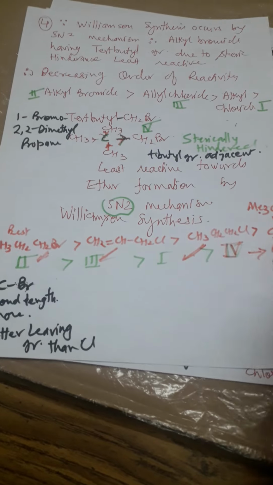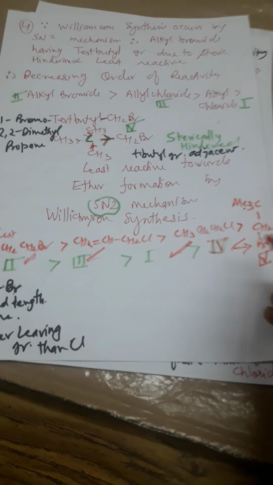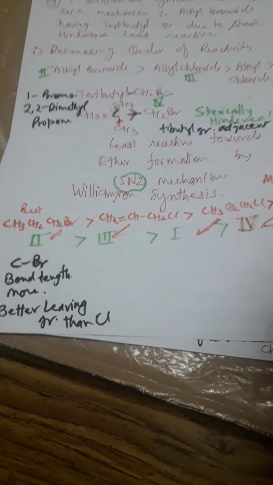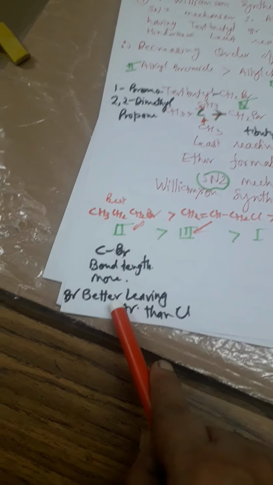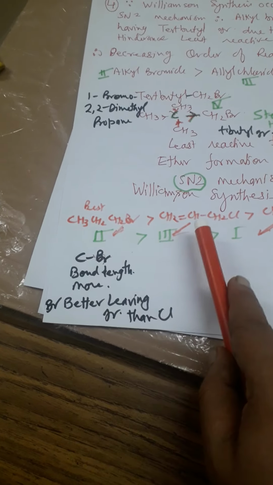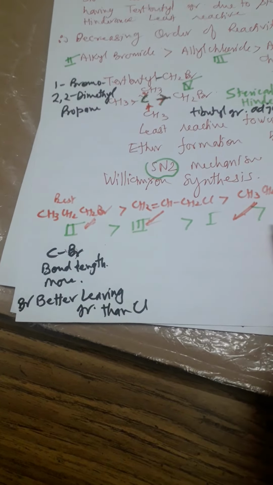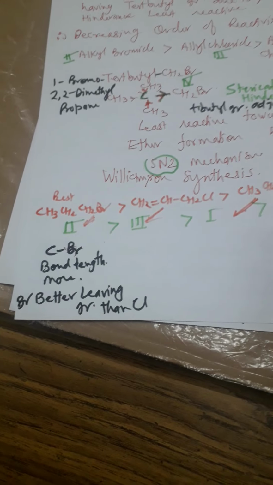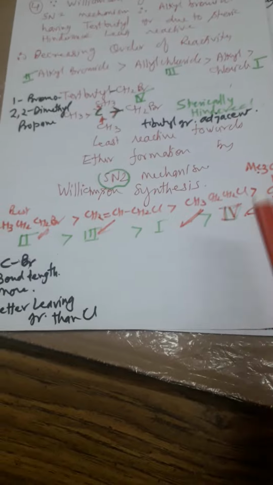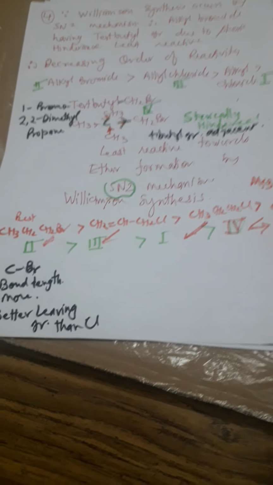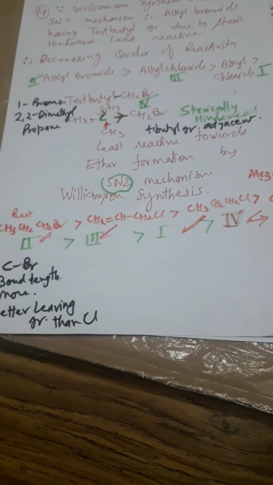This fourth one is for this. So the C-Br bond length is more, so it is a better leaving group, so it will easily break. Then allyl, then 1-chloropropane, and then the tert-butyl containing alkyl halide. Clear to you? So this is all about Williamson synthesis.